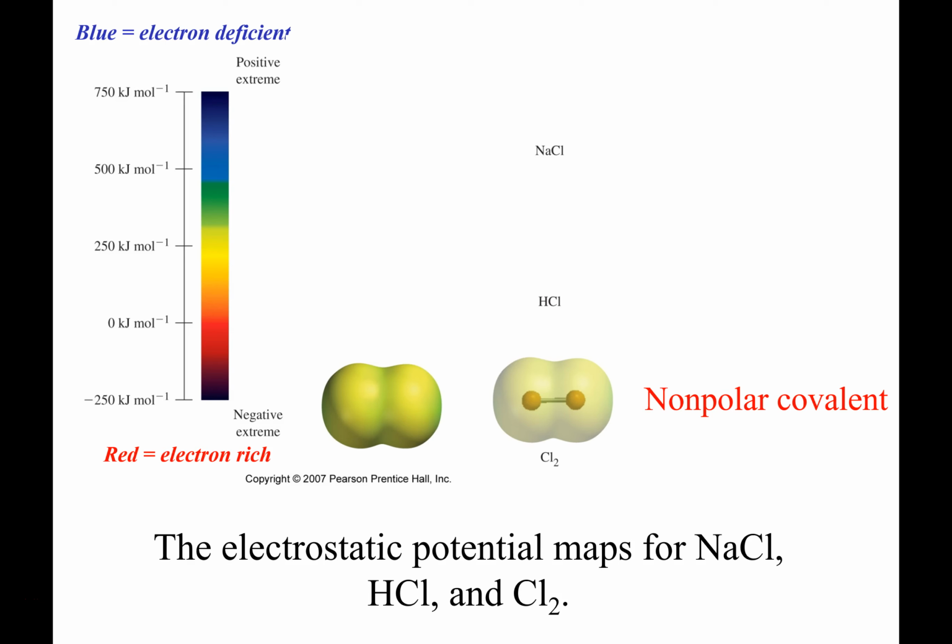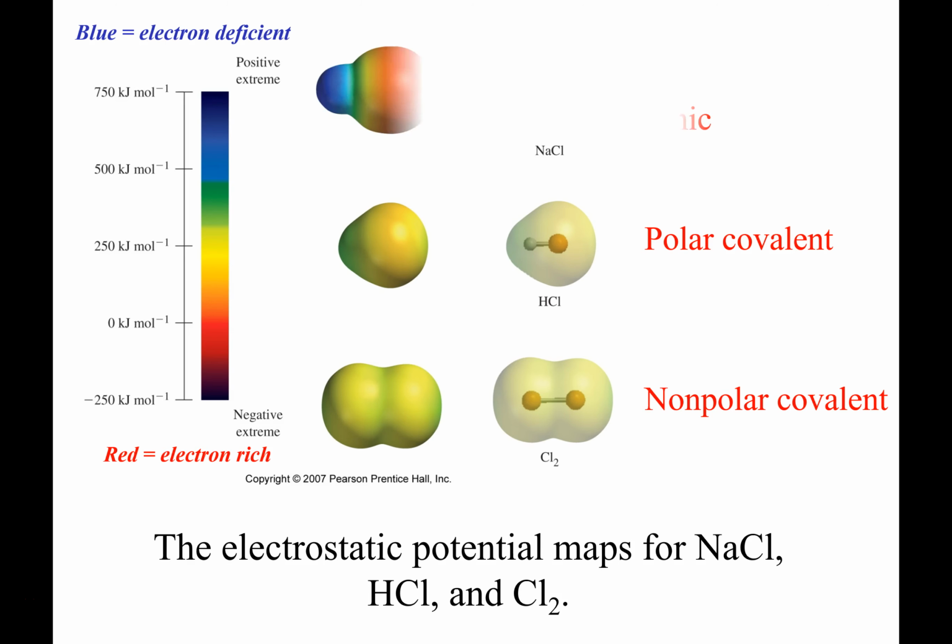So there's Cl2. Notice that the electrons are distributed evenly. They're shared equally. You would expect that. HCl, not so much. The chlorine atom is starting to turn this color, negative. I can't detect it much, but we expect the hydrogen to be partially positive.